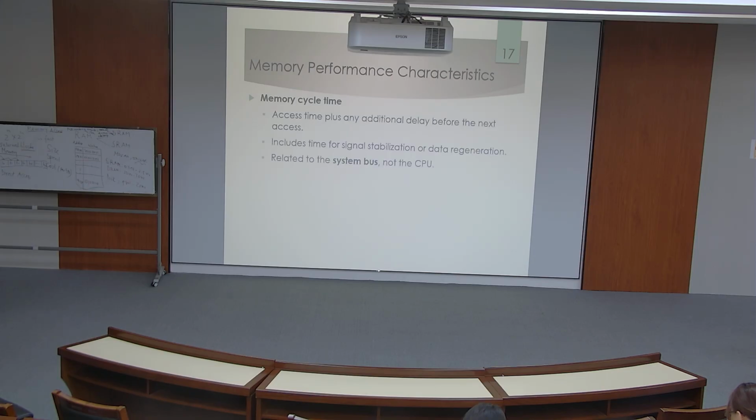If you still remember, to transmit data, we use what? We use the data bus. So there are some delays linked with the bus system. That's why we also need to talk about memory cycle time, not only memory access time.